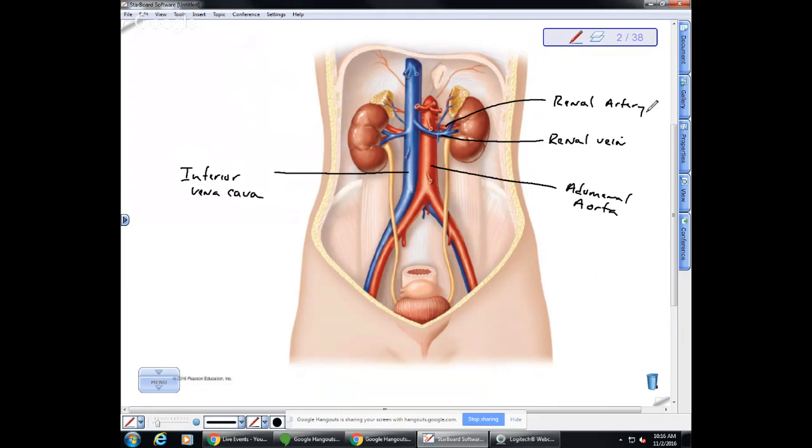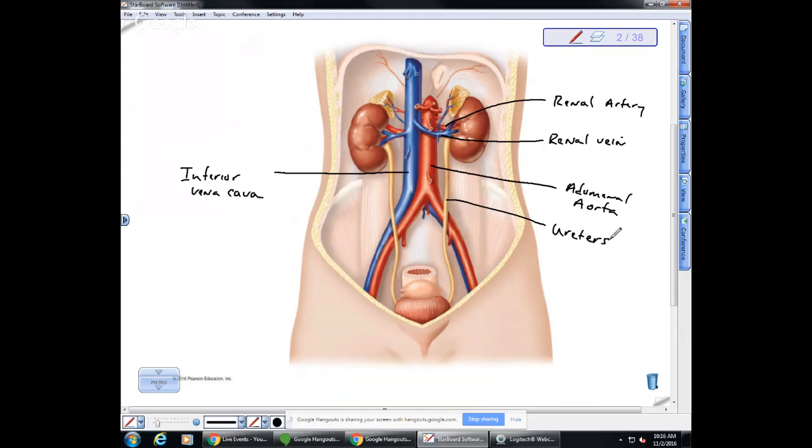Okay, so what do you think these yellow things coming down from the kidneys and going to the bladder would be? Does anybody know? They're part of the urinary system. They're actually called ureters. And so you don't want to get that confused. This is a female, and so the ureters lead to the bladder, and this would be the urethra, right?